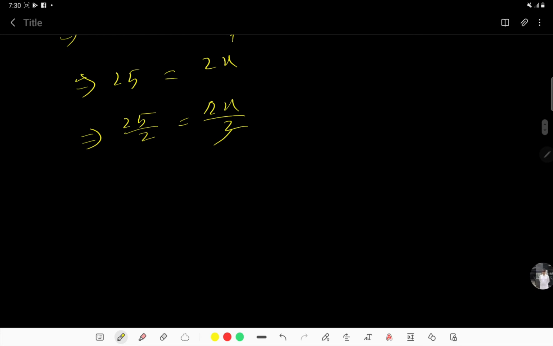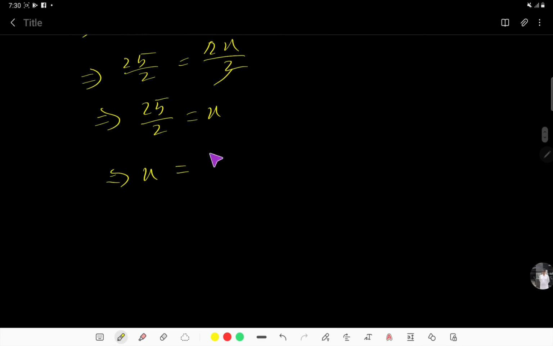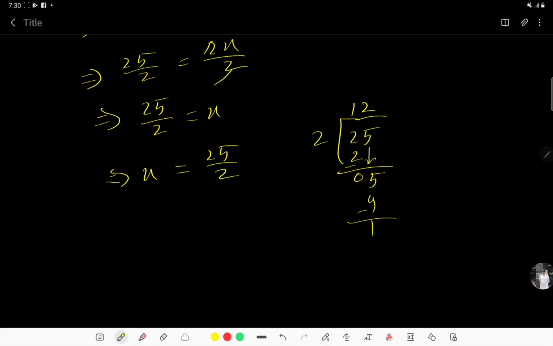These two cancel each other, so you are getting here 25 over 2. Just x equal to 25 divided by 2. So if you divide 25, what will happen? 2 goes into 2 one time, 2, 0. Now bring down this 5. So 2 goes into 5 two times, 4, 1. If you take a decimal point, then you can take any number of zeros.